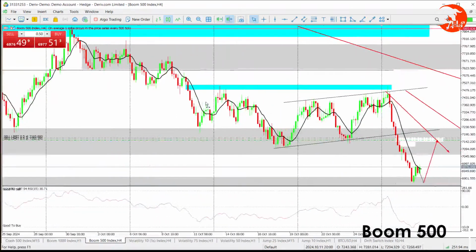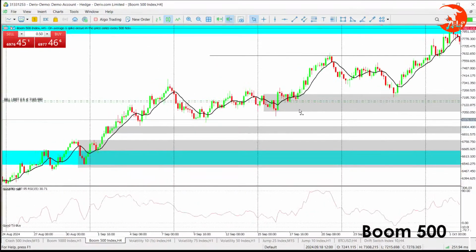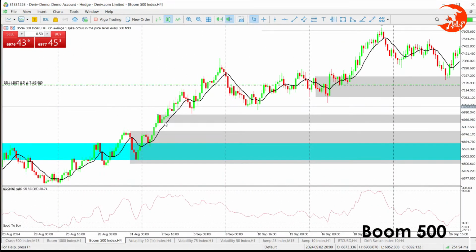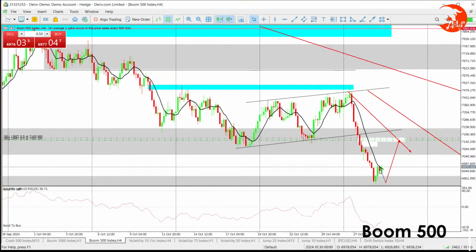Where is it? It's here. That's the order block where price has reacted from, retest here. This very candle here may be the retest, but we'll still wait for some bit more and see.